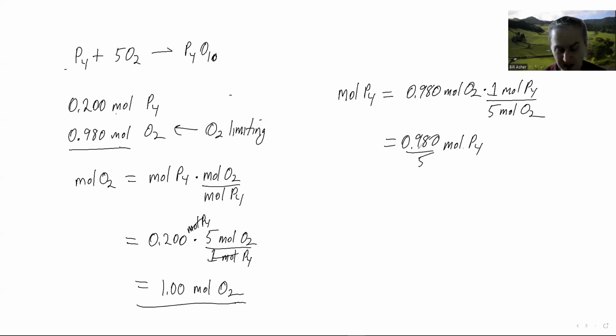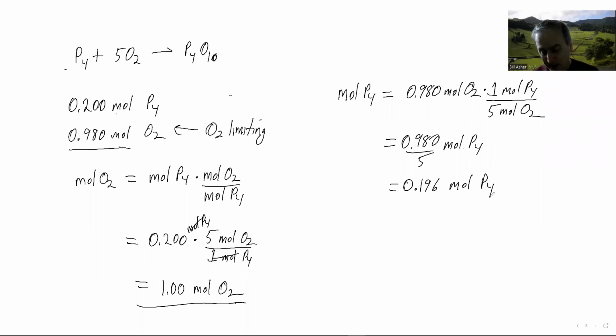And that's how much phosphorus, P4, is going to be reacted by 0.98 moles of oxygen. We divide that by 5, and we get 0.196 moles of P4.